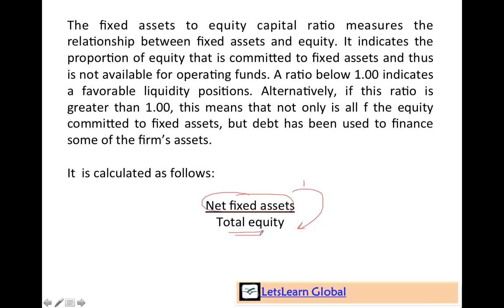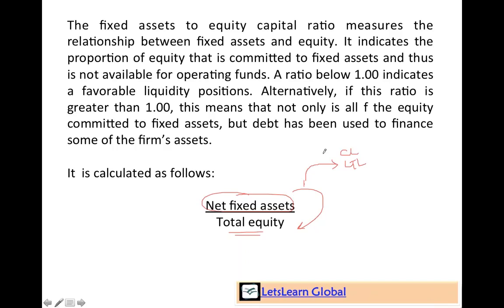You have full freedom in the fixed assets. But if it is less than 1, it means that some of the fixed assets are purchased using long-term loans or current liabilities, which you cannot do, you cannot buy any amount of fixed assets from current liabilities. Not a good term also.